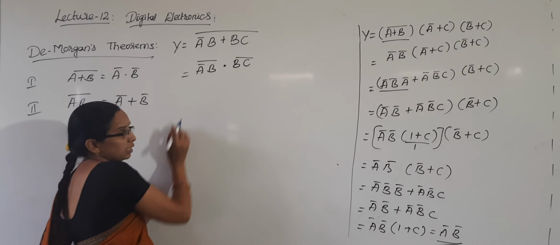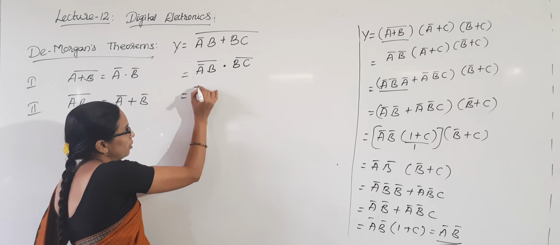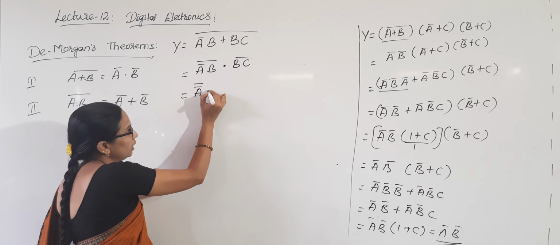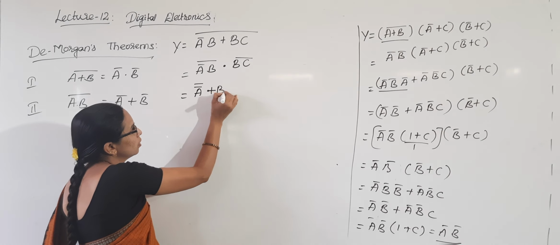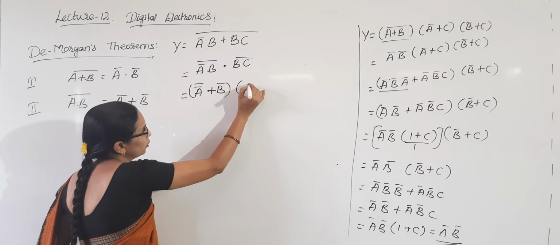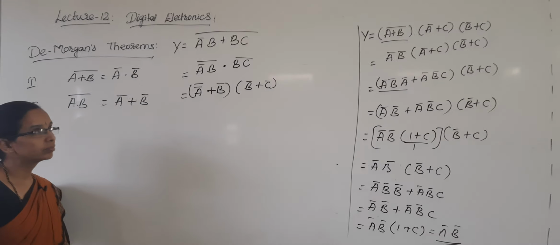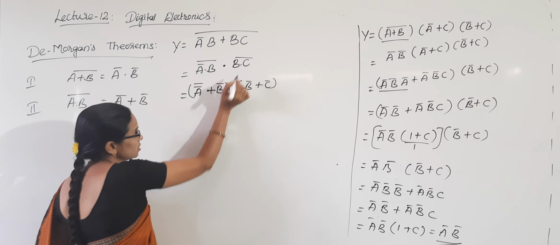I have split the bar, then put the dot sign. A bar, A double bar plus B bar into B bar plus C bar. Here nothing is there, in the sense a dot is there.